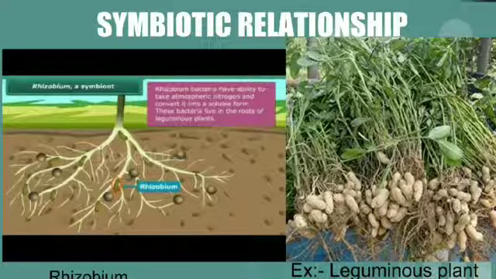Example, rhizobium bacteria and leguminous plants such as bean, peas, gram, etc. The bacteria live in the roots of the leguminous plant, and the plant provides food to it. On the other hand, rhizobium bacteria convert nitrogen present in the soil into soluble form. In this way, both are benefiting from each other.